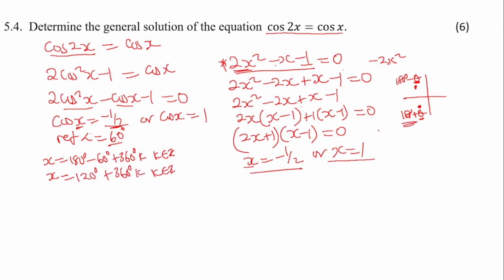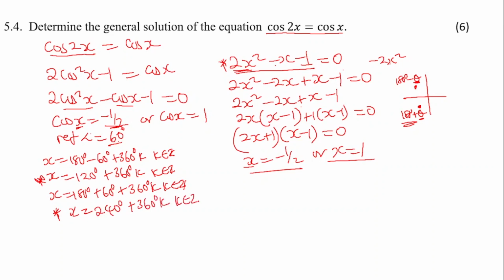Then the other one is this one, 180 plus 60, so x is equal to 180 degrees plus 60 degrees plus 360 degrees times k, where k is an integer. Right, we have this one here, and then we have x is equal to 240 degrees plus 360 degrees times k, where k is an integer.